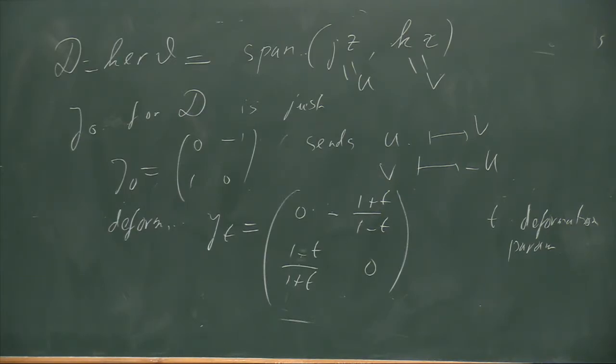Now the point is, it usually does not happen. Even if you do this, which looks pretty harmless, it will not work. You want to induce the complex structure on your distribution.